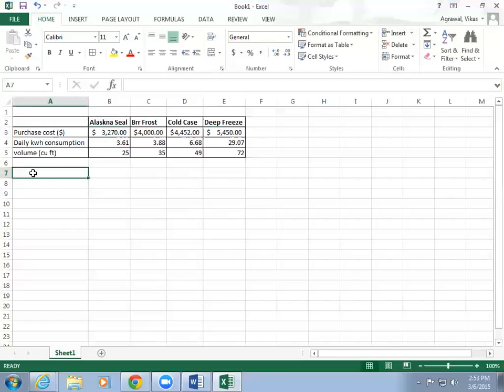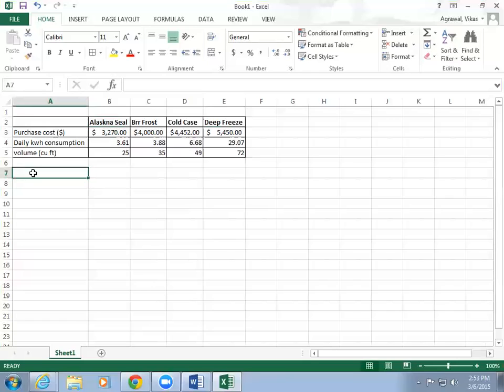So purchasing cost for the first one is how much? 3270. If you read the problem, it's 3270, and that's over a 3-year period.